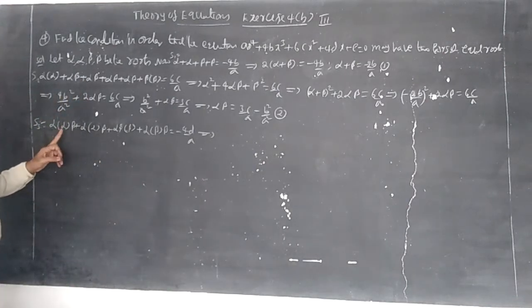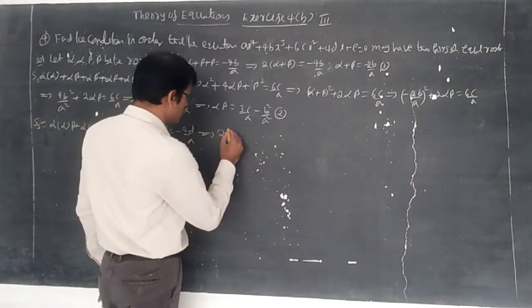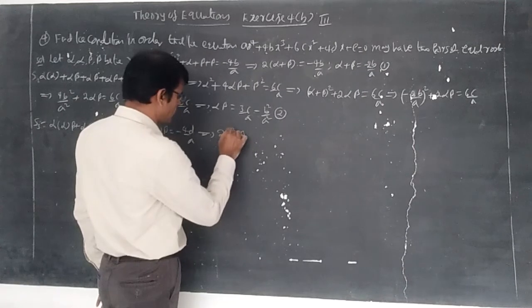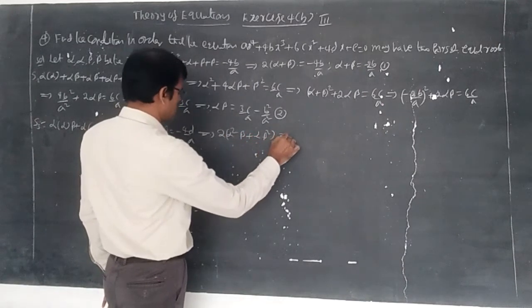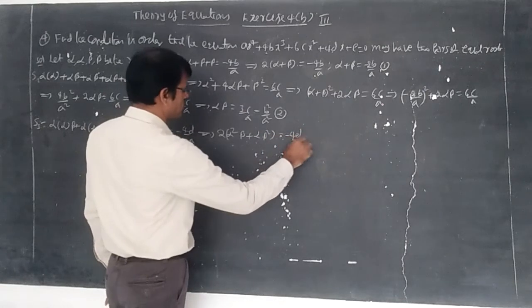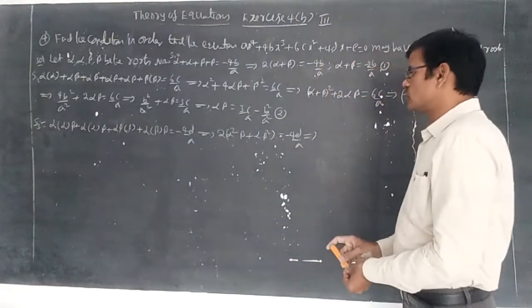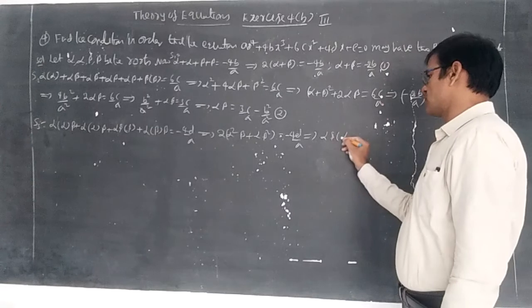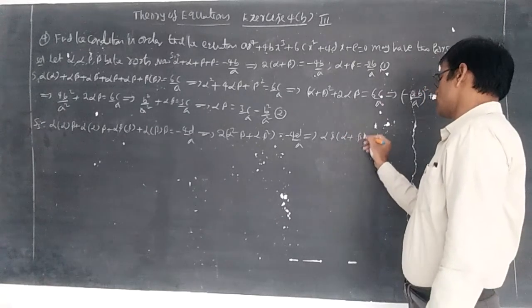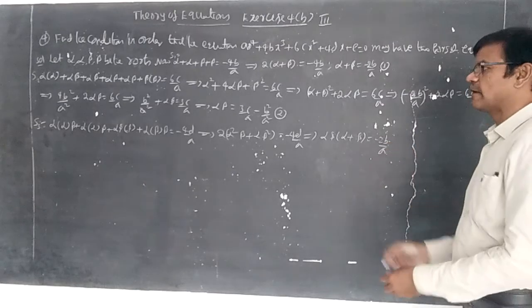You can understand it as alpha square beta plus alpha beta square, taken twice. 2 into alpha square beta plus alpha beta square is equal to minus 4d by a. That implies the 2 gets cancelled. You can take alpha beta common, and within brackets alpha plus beta is equal to minus 2b by a.